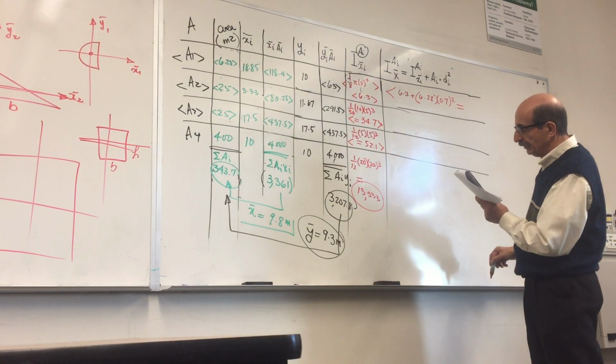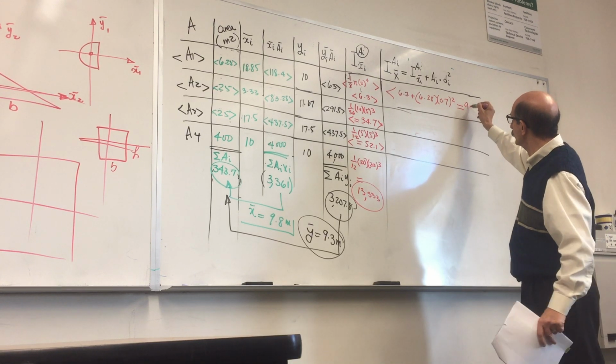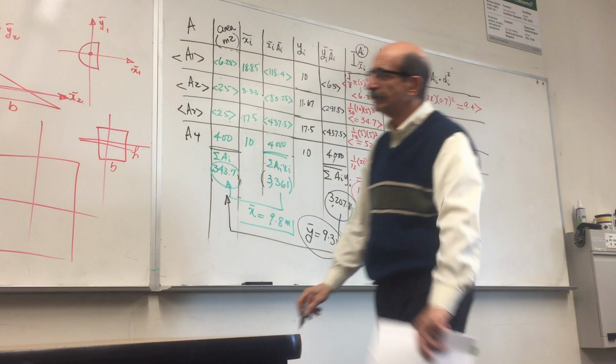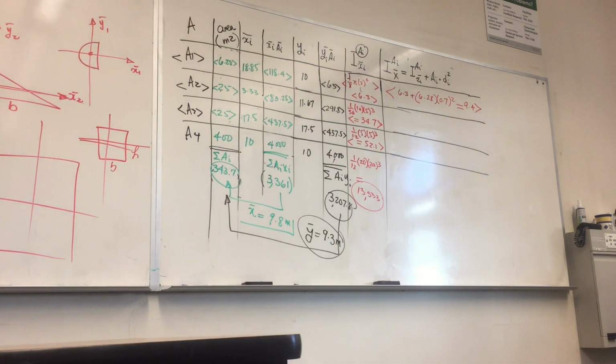That will be 9.4. Do the same for that triangle. You have the moment of inertia about this axis, which is this axis. Okay? But you want that about this axis. What is the distance here? This was 11.67. This is 9.3.